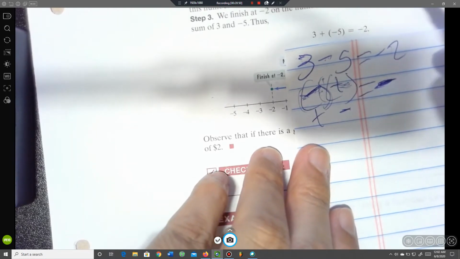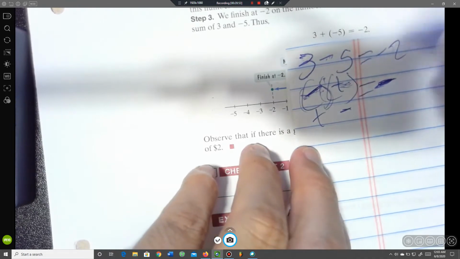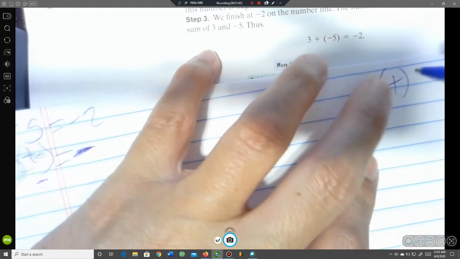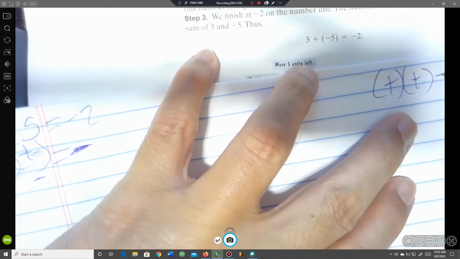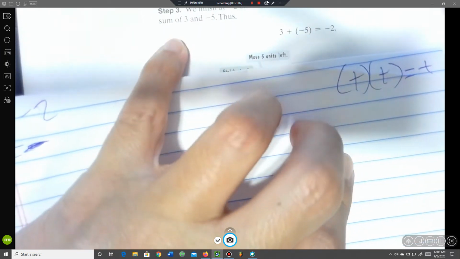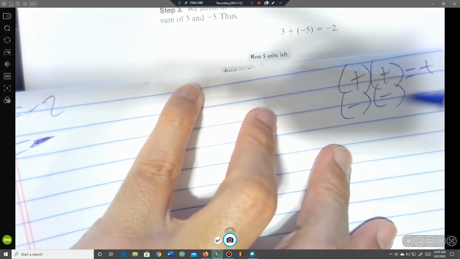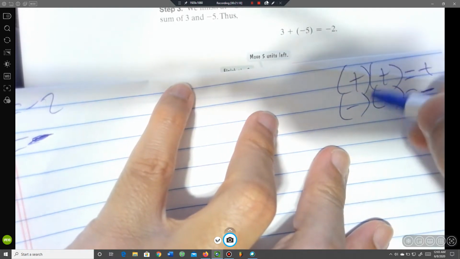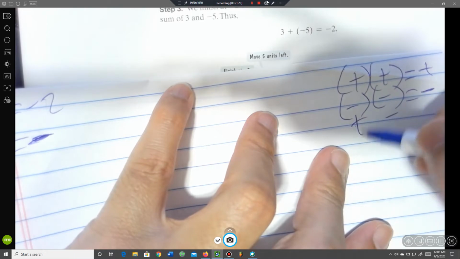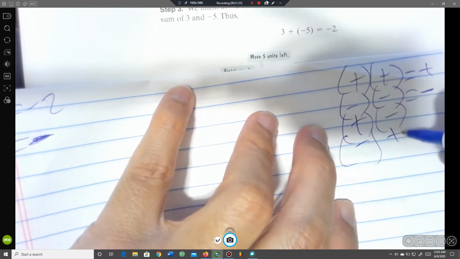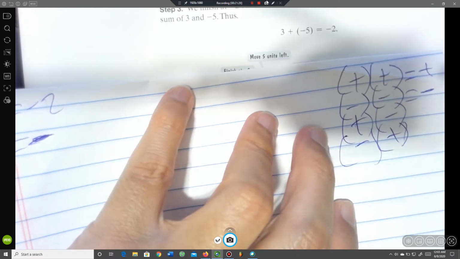That's basically the rule, if you can remember from high school, where the multiplication of a positive times a positive gives you a positive value, and a negative value times a negative value gives you a positive answer. The multiplication of a positive and negative value, or a negative value and a positive value, gives a negative.